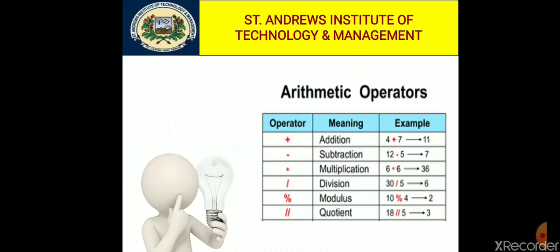In a similar way, we have addition, subtraction, multiplication, division, modulus and quotient. According to the arithmetic operators, when both operands are integers, the result obtained is an integer. To obtain a real value in the result, at least one of the operands must be real, that means float or double.